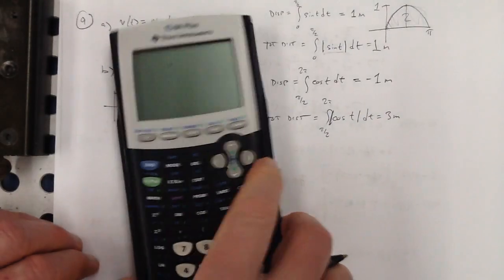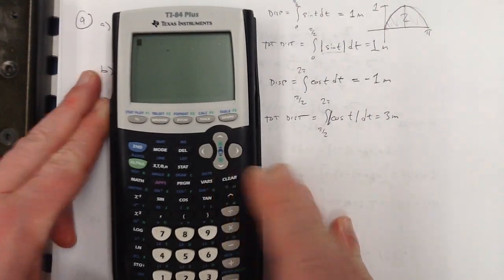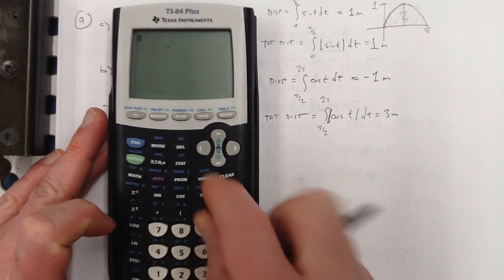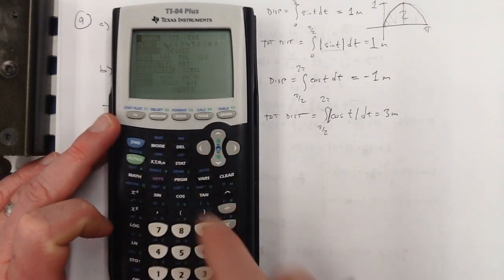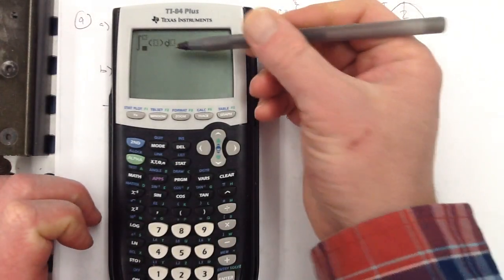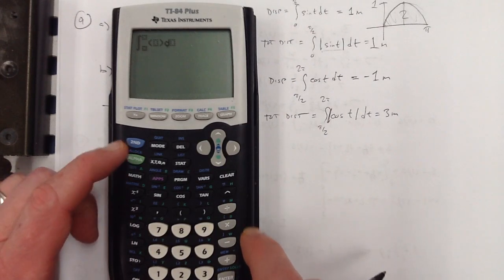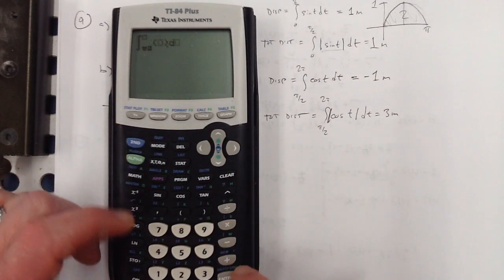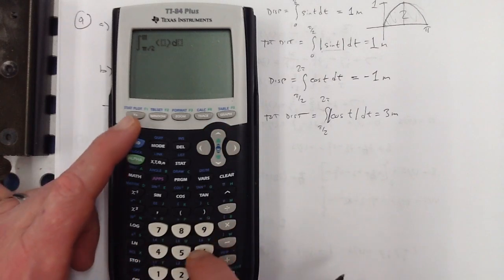And just to make extra sure that your calculator knows how to do this, I'm going to make sure that I am in radian mode because I'm doing calculus. You can do math 9, that brings up your little integral, and do pi over 2 to 2 pi.